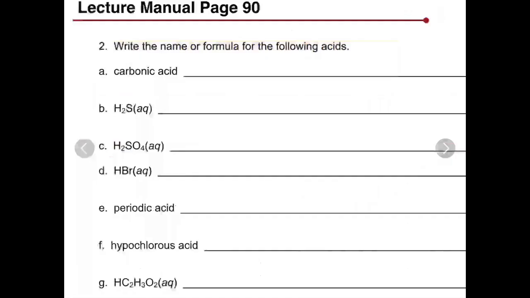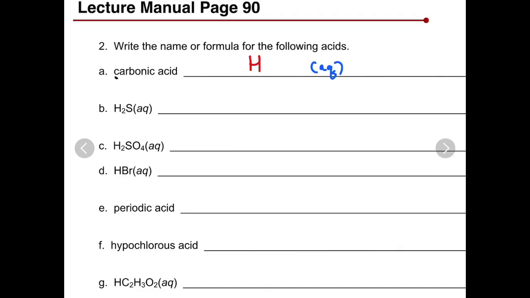This one says carbonic acid. Of course, because we know that it's an acid, you will need to include aq. We know it has to be aqueous, and because it's an acid, hydrogen must be written first. So we have to include hydrogen. Hydrogen is going to come with something, and then end with aqueous. So what does it come with?